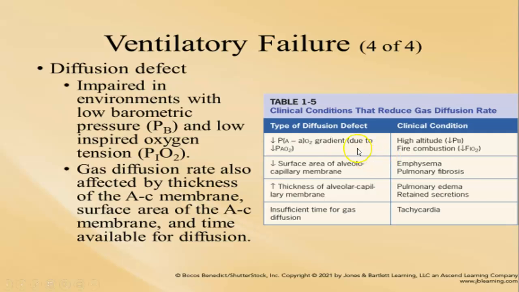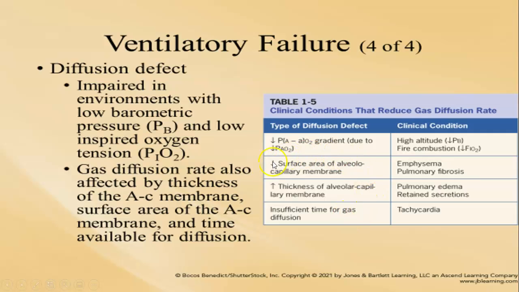Now, the other thing that can cause a VQ mismatch or shunt is losing surface area. The classic disease that loses surface area is emphysema, but also pulmonary fibrosis, because they get scarred areas that can't transfer, and they can also get blebs.